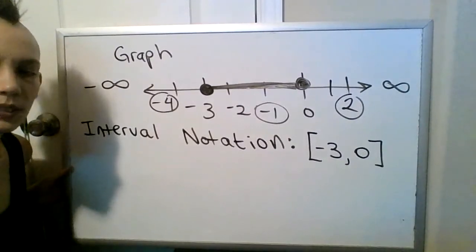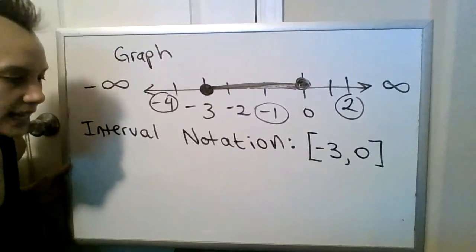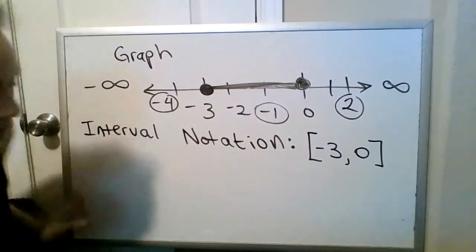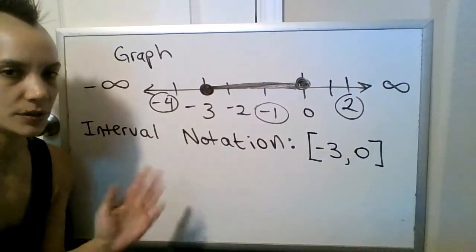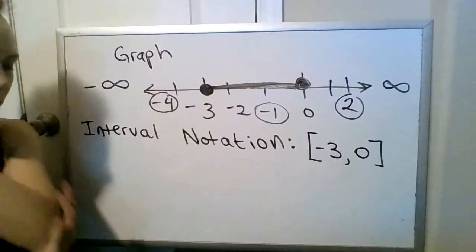Okay, so my goal is to do two more examples, and this time the set is going to have the word or in it. So it's going to have two pieces in the interval notation.